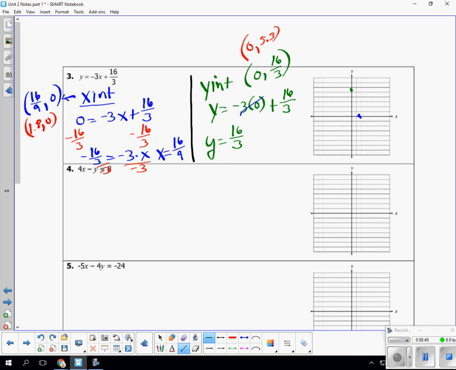And we will put arrows on each end to indicate that it's going to go on forever and ever. Okay, we've just graphed that using the x and y intercept.